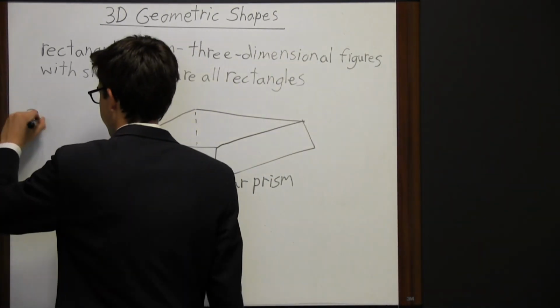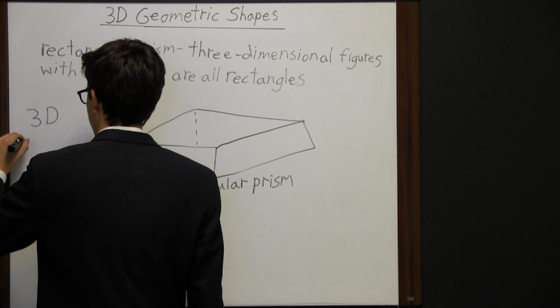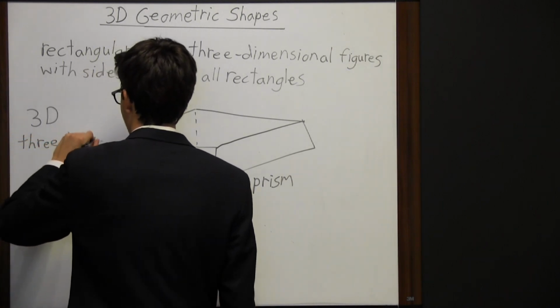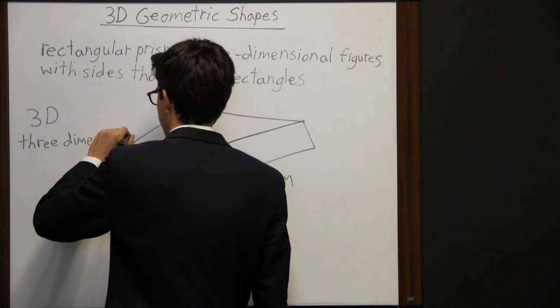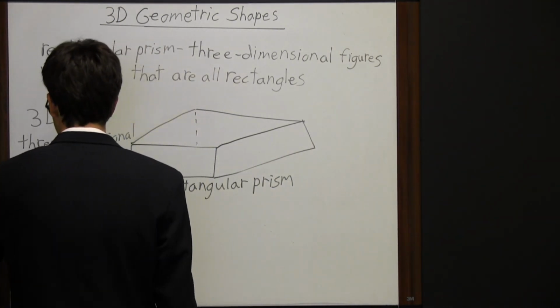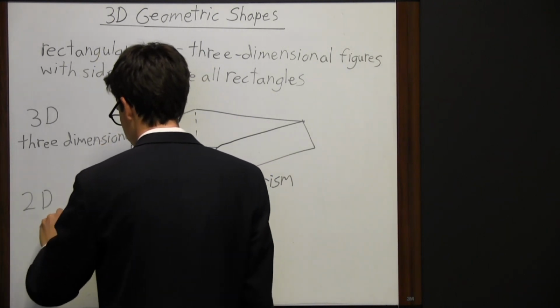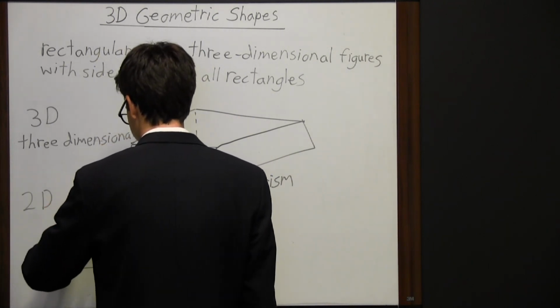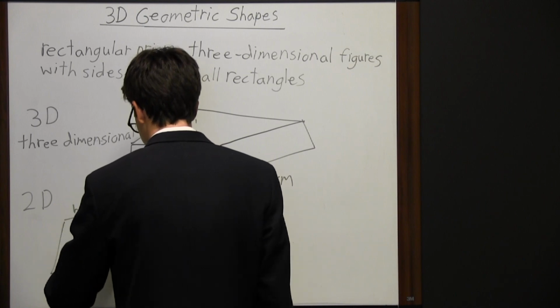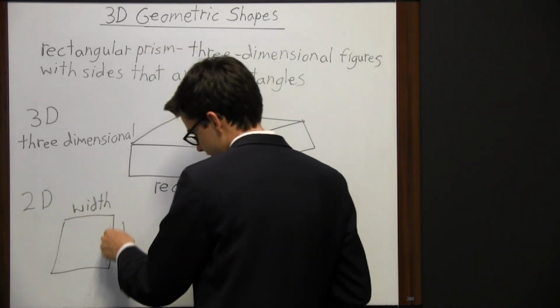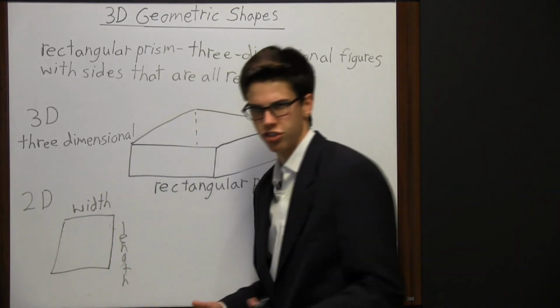And so what 3D is, 3D stands for three-dimensional. And then we have other shapes which we call 2D or two-dimensional. So like this square right here is two-dimensional. It has width, and then it has length. So this right here is the width, and this is the length. And so it only has 2 dimensions to it.